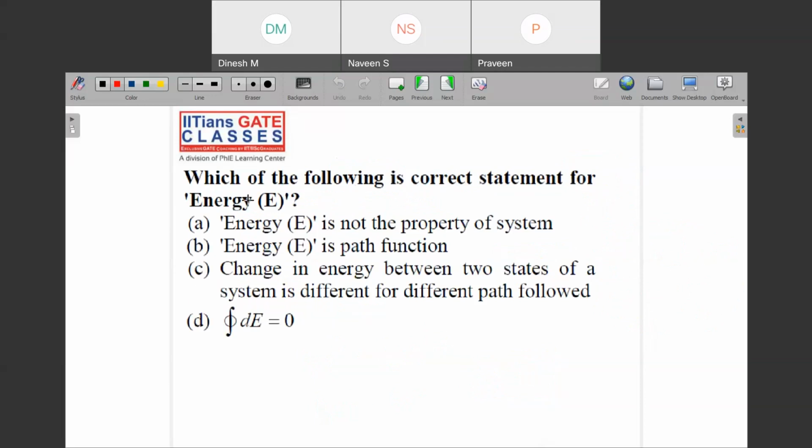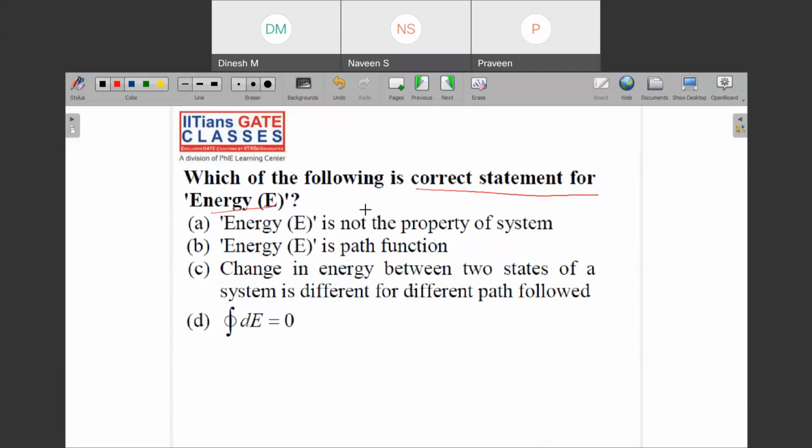Okay, let us read the question. It says, which of the following is a correct statement for energy? Let us read all of them one by one. First option says that energy is not the property of the system.